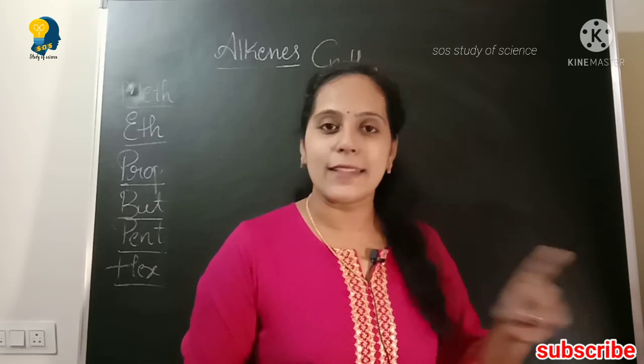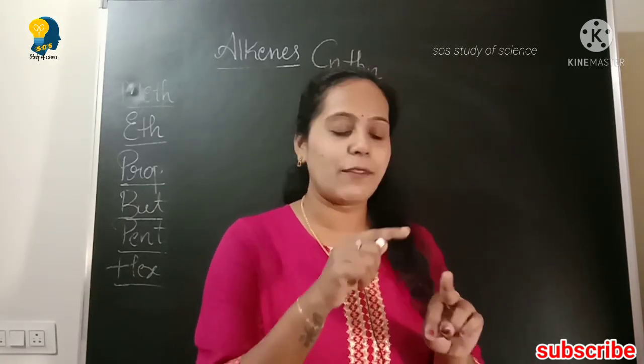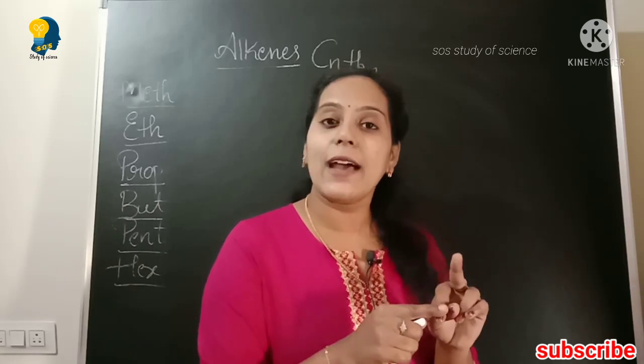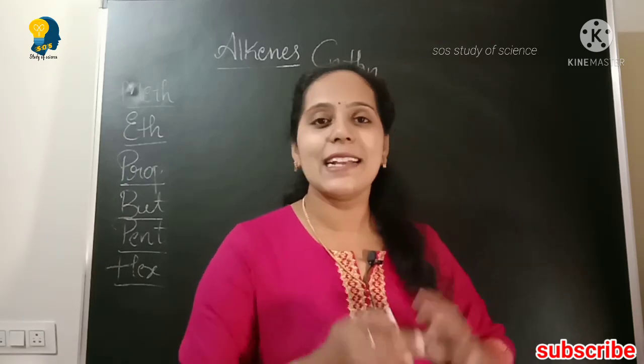I told you that under unsaturated hydrocarbons there are two things we have learned: one is alkenes and the other is alkynes. Alkenes generally have a double bond between carbon atoms, whereas alkynes have a triple bond.